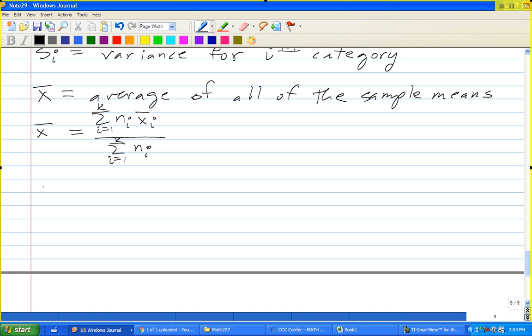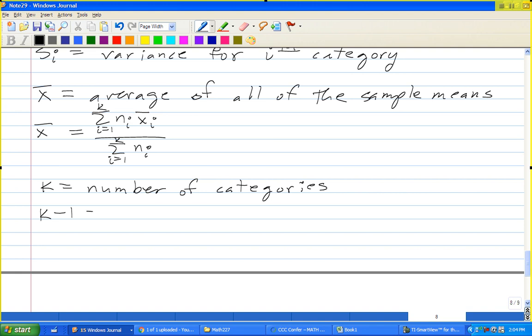K is the number of categories. K minus 1 is degrees of freedom among the classes. N is the total sample size.